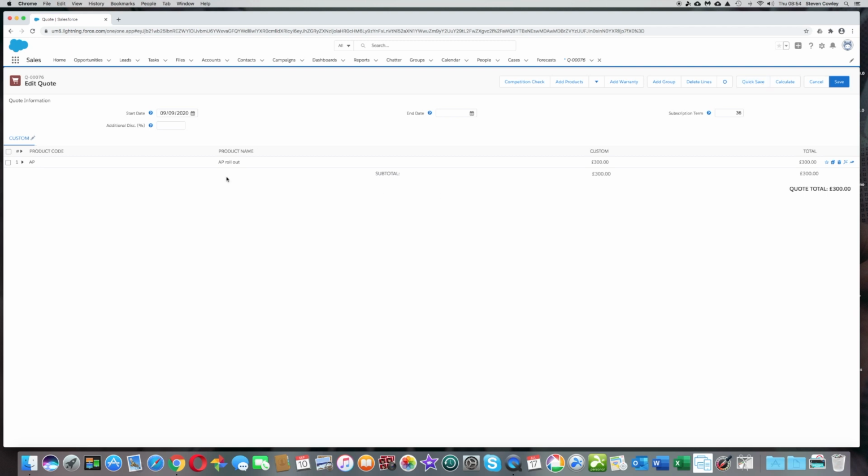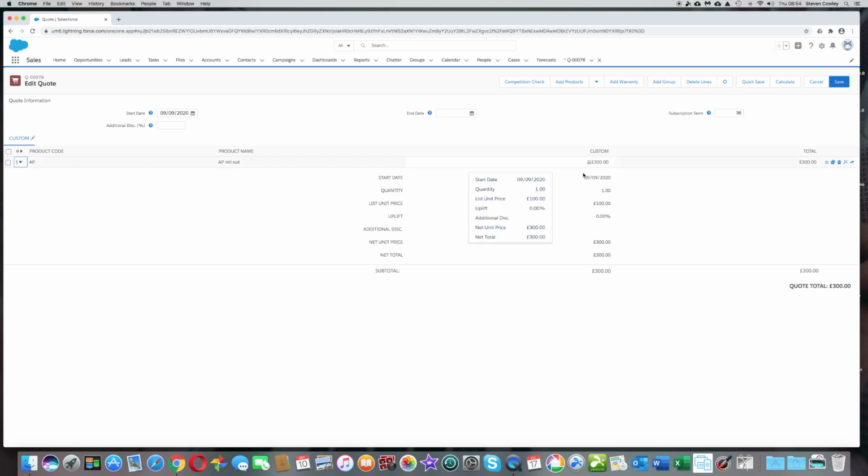So here I've added a part with a custom period, but because I haven't defined any of the custom periods, we've just got a 3-year term, so it's £100 a year, and because it's over 3 years, we get a total of £300. But because this is custom, I can define the segments of time as I see fit.